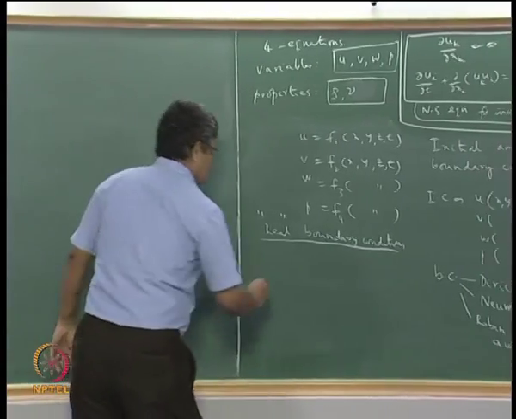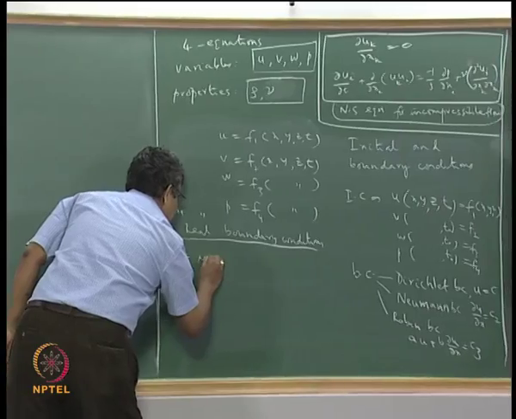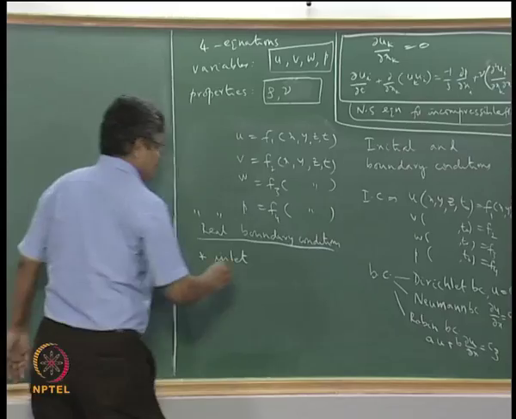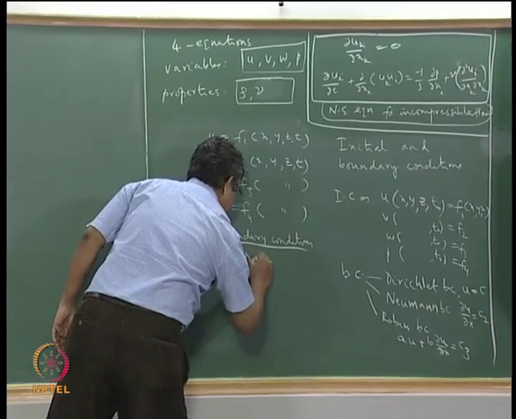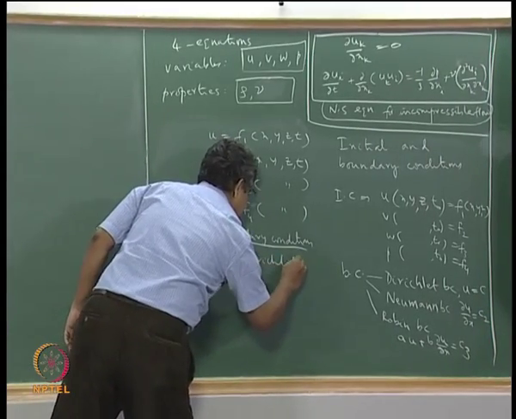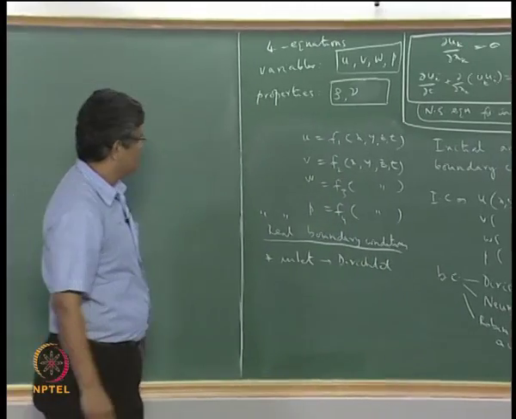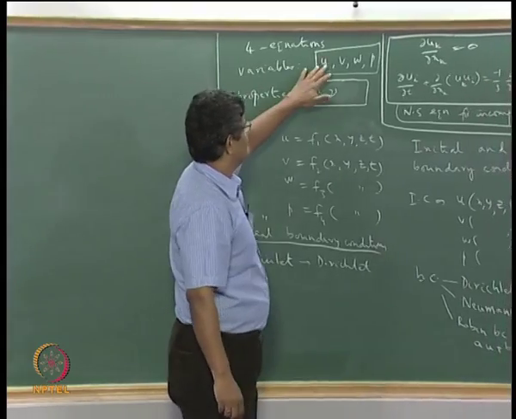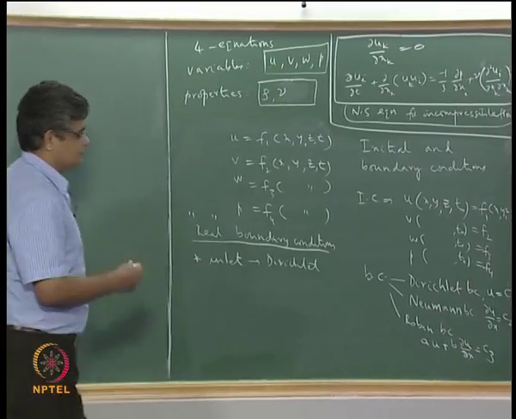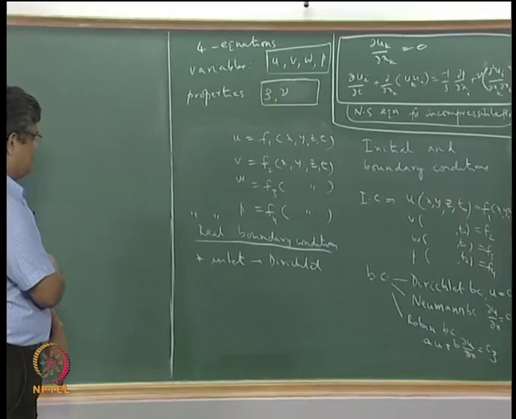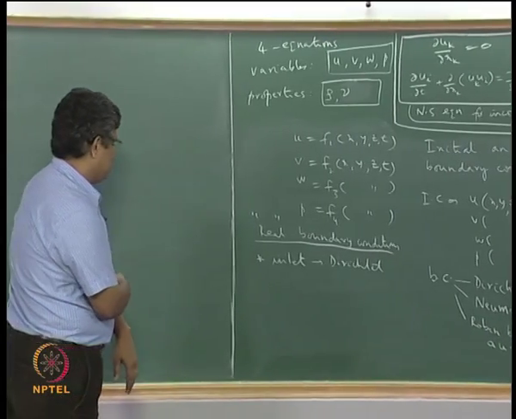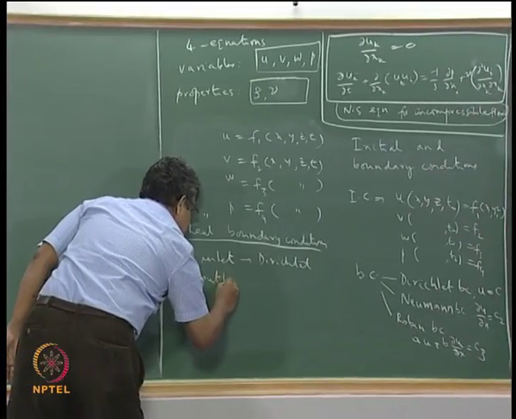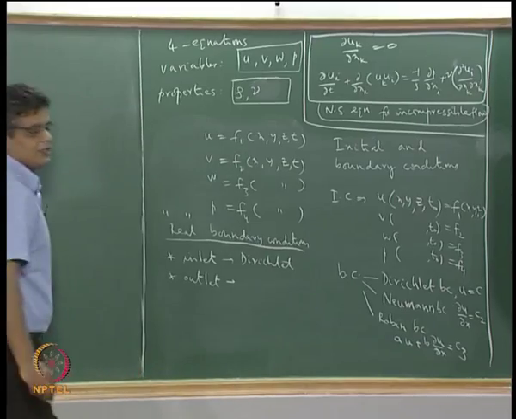We have an inlet to the flow domain where we normally apply a Dirichlet boundary condition. That means that on the inlet surface all the flow variables are specified: u, v, w, p. P is a special thing, we will leave it at that for now. And we have an outlet boundary condition.